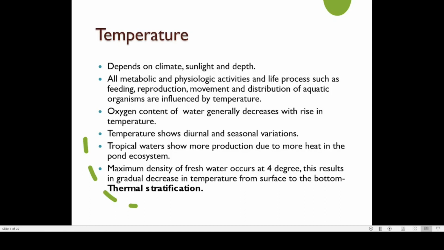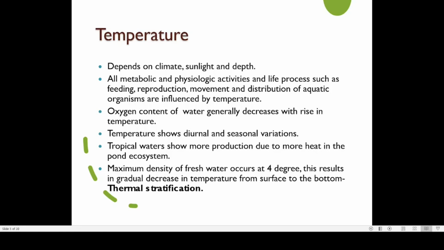Then temperature shows diurnal variation. Diurnal means daily. In the morning the temperature may be a certain degree centigrade. In the afternoon it may increase. By evening it will again come down. At night it will drop further. These are known as diurnal or daily variation, and there is also seasonal variation.